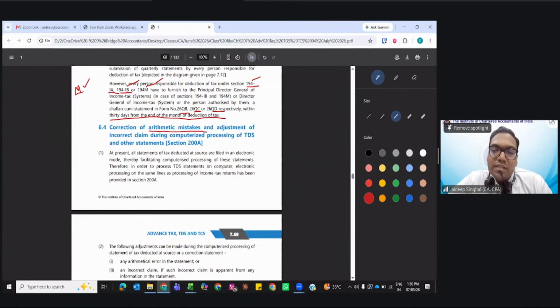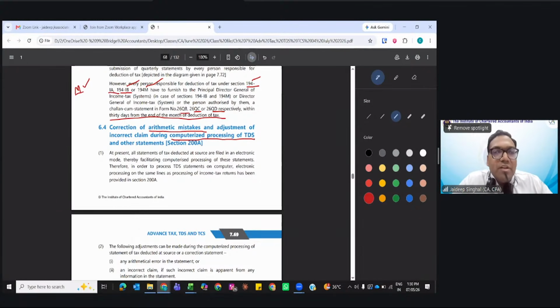Correction of arithmetical mistakes, computerized processing. See, now everything is online. Whenever the returns are filed, the system will process the return. Let's suppose you have filed a return under 194J, but the rate you have shown is 7%.